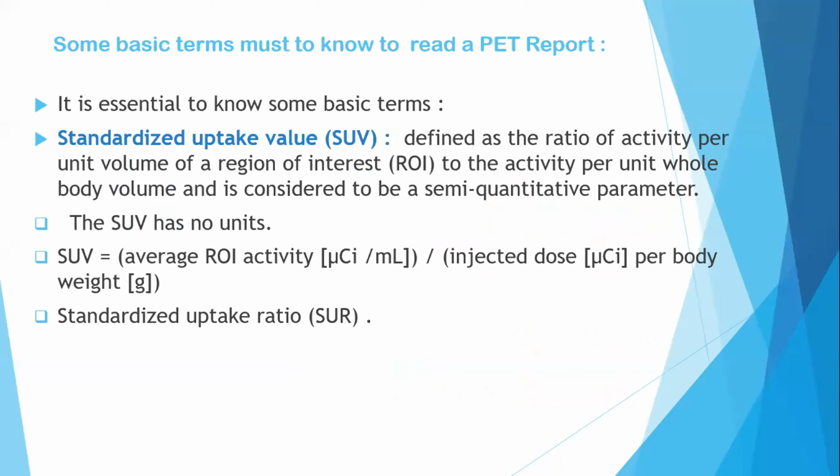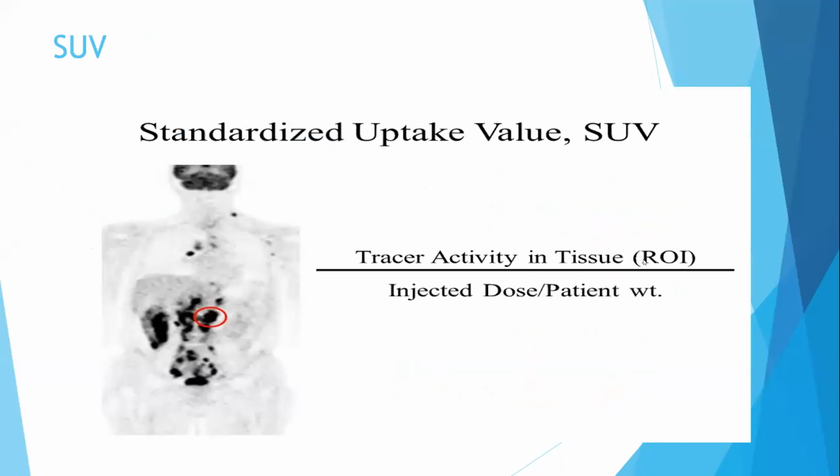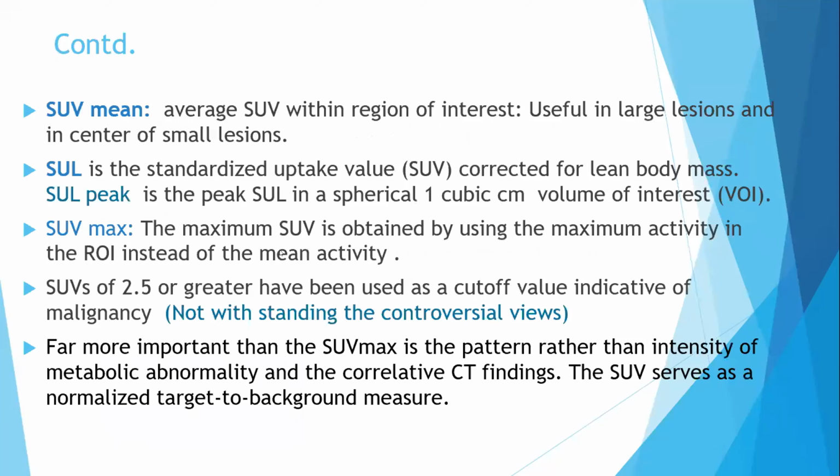It is essential to know some basic terms for PET scan reporting. One is SUV. SUV is the tracer activity in the region of interest divided by the injected dose per patient body weight. SUV mean is the average, and SUV max is the maximum SUV in that region.